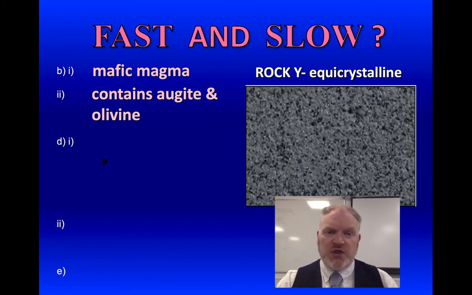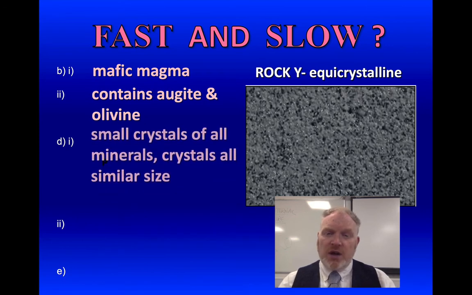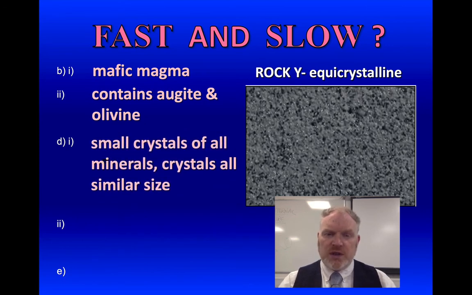Question D, then, we ask you to describe the texture of this rock. And what we see here are smaller crystals of all types. They're probably less than a millimetre across these. And the crystals are all a similar size. It's that that makes this rock equicrystalline. As the name would suggest, equal crystals.